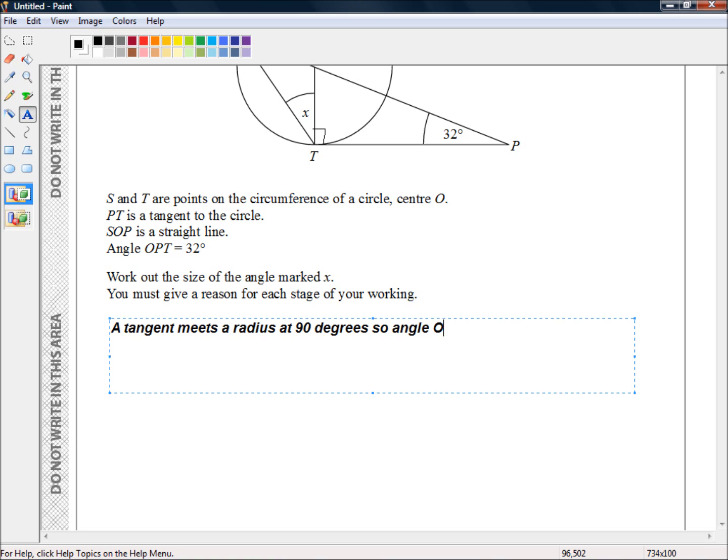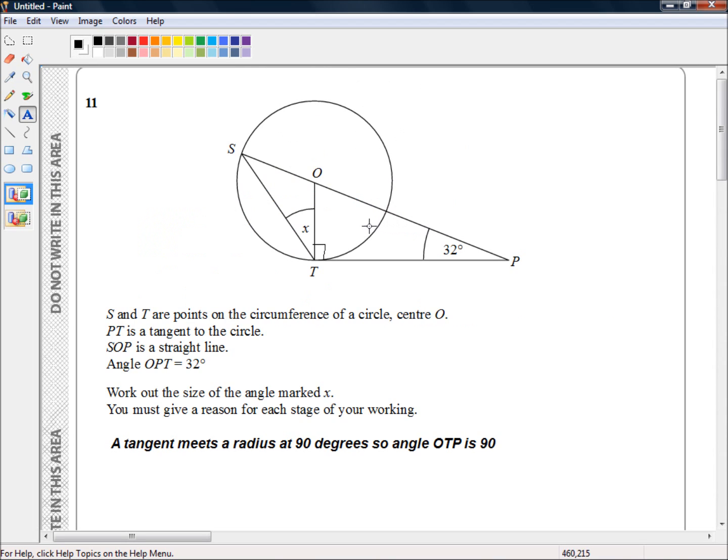So angle OTP is 90. Okay, so this angle here is going to be 180 degrees minus 90 plus 32. Well, 180 minus 90 is 90, so this is just 90 minus 32.